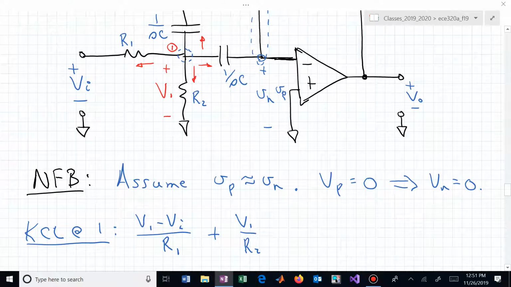The current going to the right horizontally: it's where we are, V sub 1, minus where we are going, which is V sub n, but we know that V sub n is actually 0. So it's just V1 divided by the impedance of that horizontal branch going towards the inverting pin of our op amp.